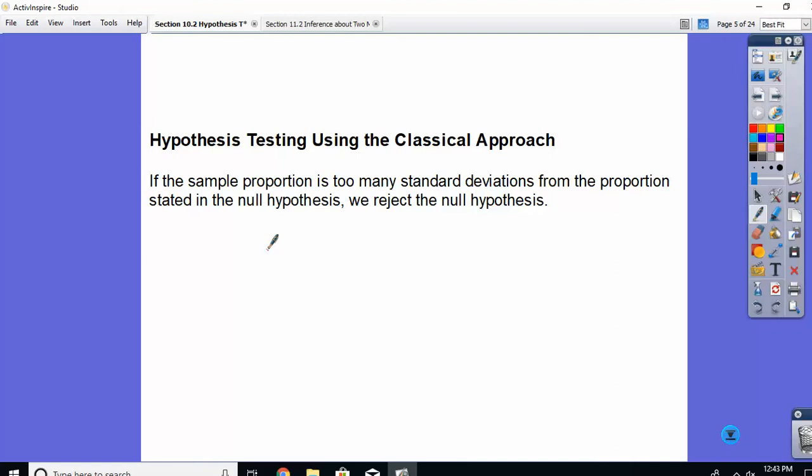Basically, this one is measuring in terms of standard deviations. If your sample proportion is too many standard deviations from the one in the null, we reject. If you think about a normal curve, here is your mean, and then this is your mean plus 1 standard deviation, and your mean minus 1 standard deviation.